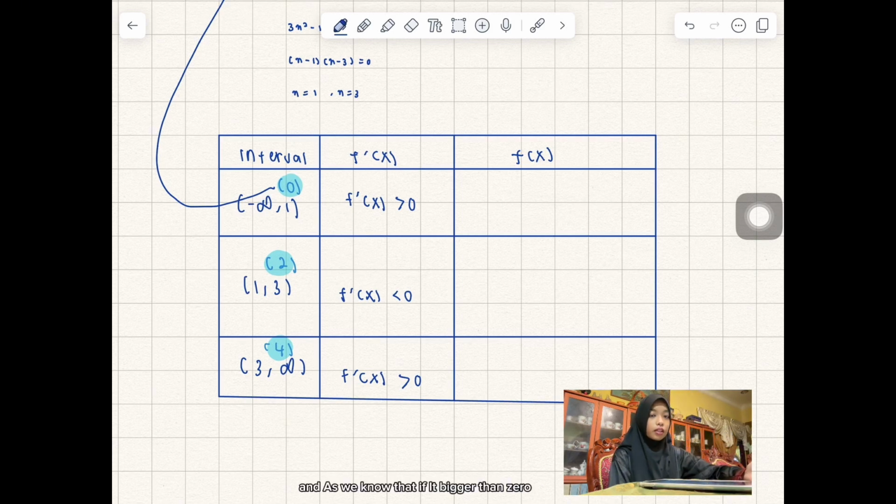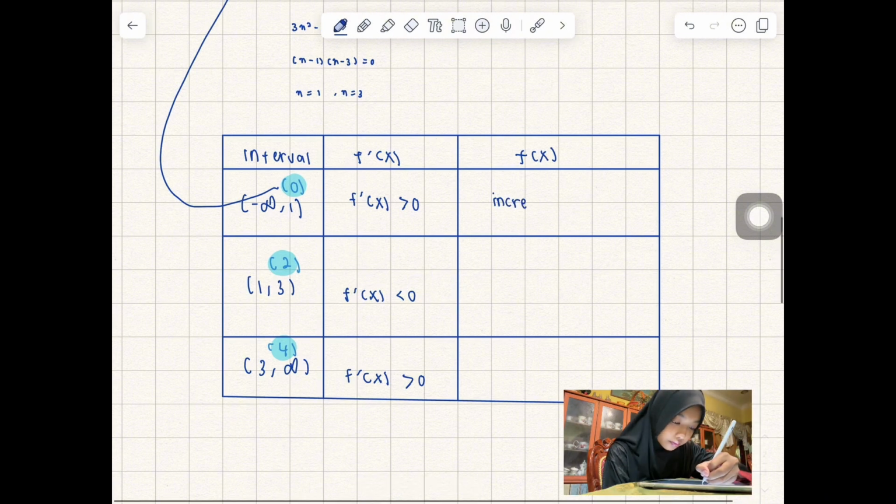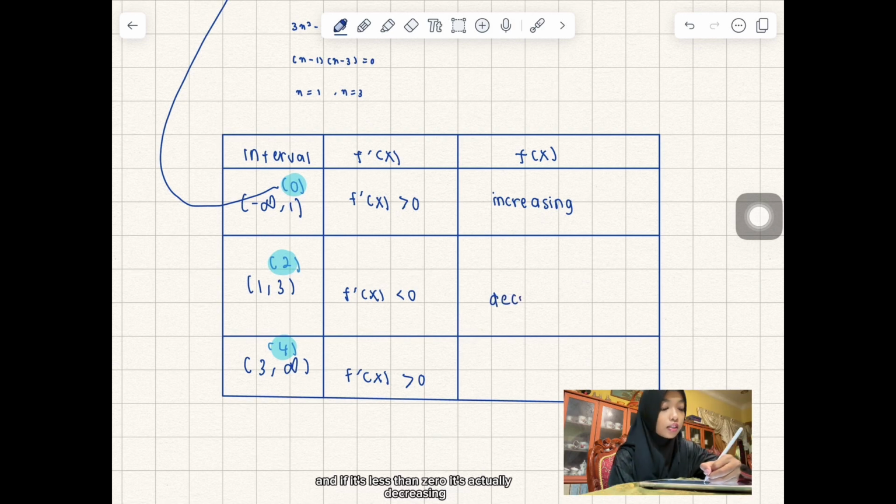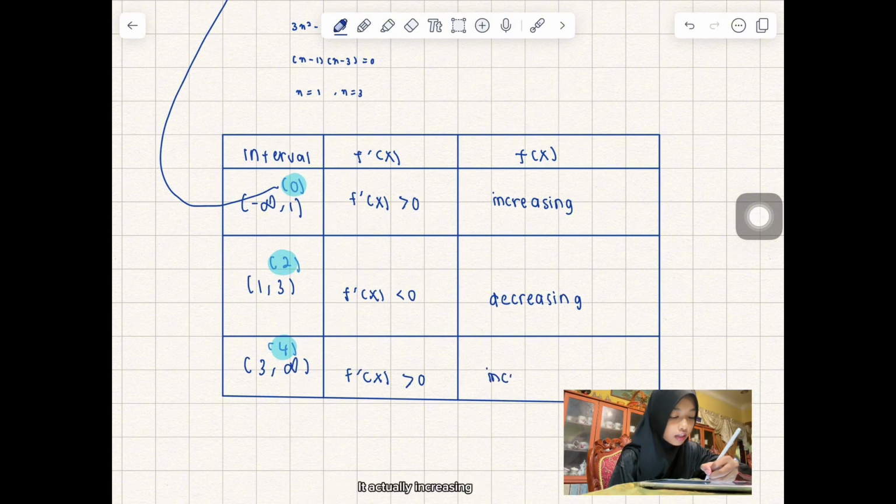As we know, if it is bigger than 0, it is increasing, and if it is less than 0, it is decreasing.